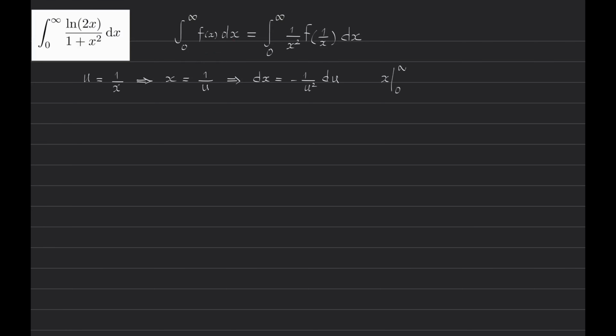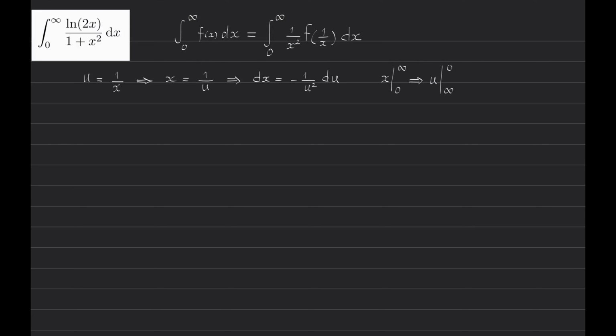So the new variable goes from, if x approaches 0 from the right hand side, then u approaches plus infinity. If I replace x with infinity here, then u becomes 0. So u approaches 0. Okay?